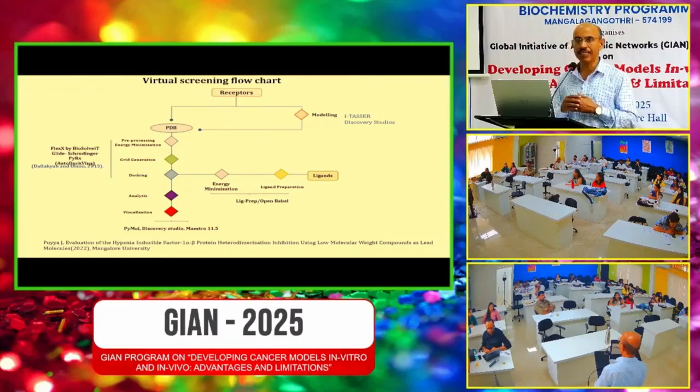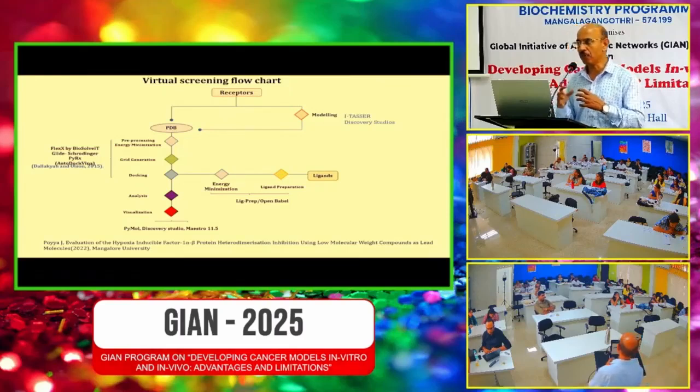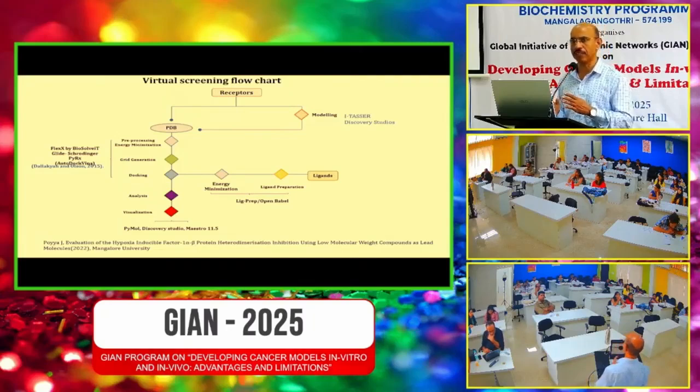we decided to create a virtual condition where the hypoxia factor will be selected, and a drug will be selected in such a way that it will go and bind to it and prevent its interaction with other molecules. Earlier I was telling that the hypoxia factor binds to different proteins, and those proteins determine whether the hypoxia factor is to be degraded or disabled.